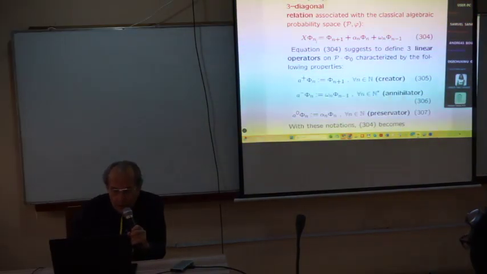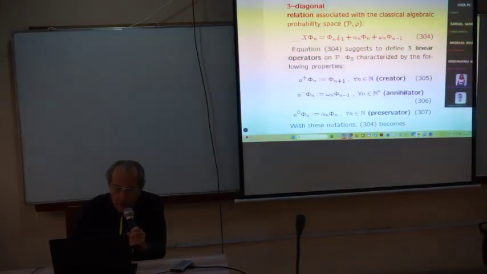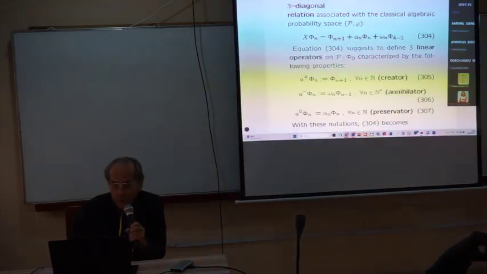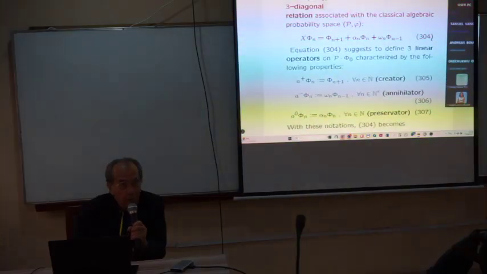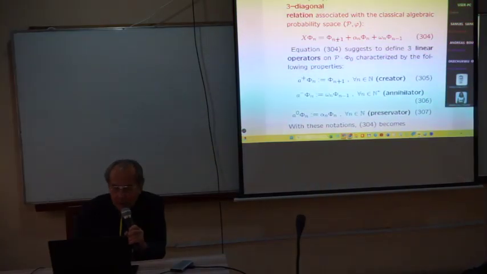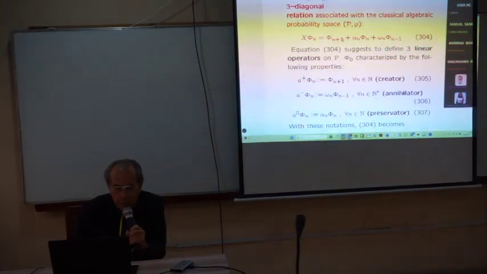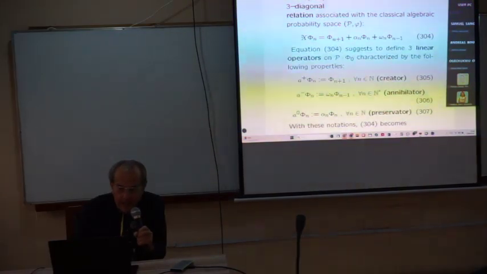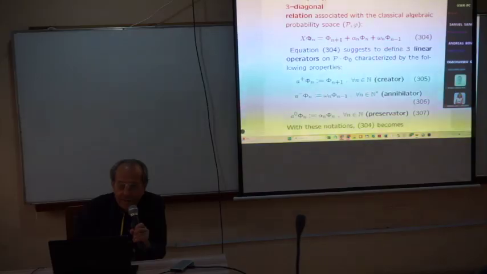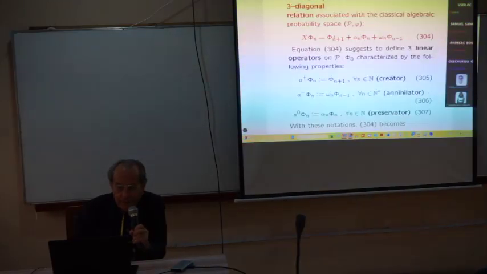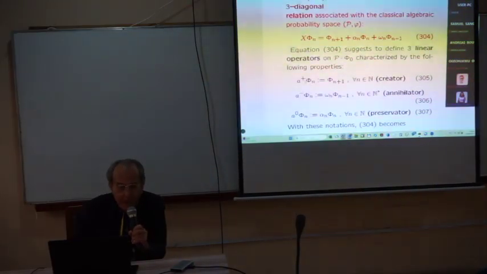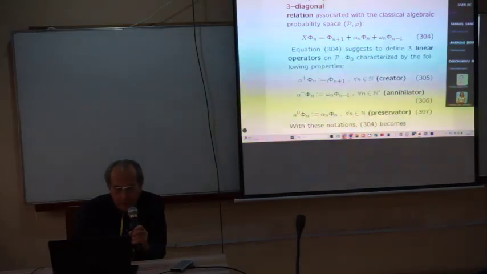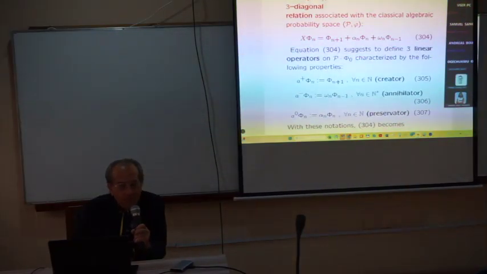Now look at this relation, number 304. Its right-hand side naturally suggests introducing three operators. On the left-hand side I have x acting on Vn. On the right-hand side I have Vn+1. But I can define an operator A dagger with the property that A dagger Vn equals Vn+1.